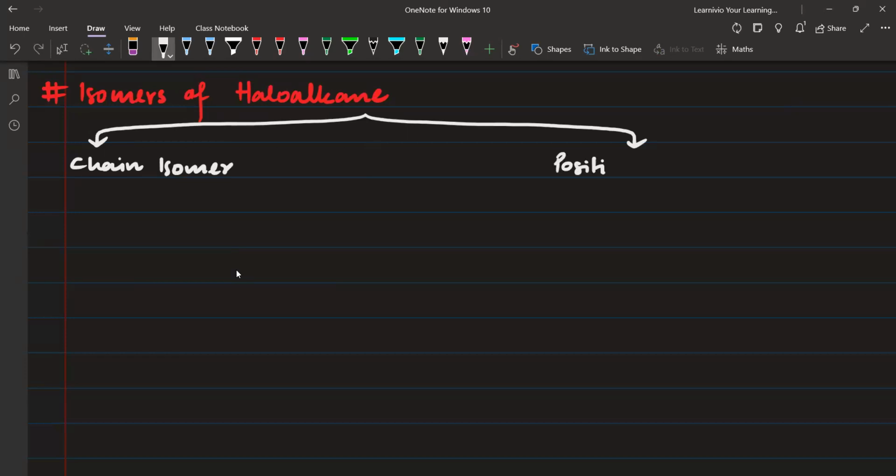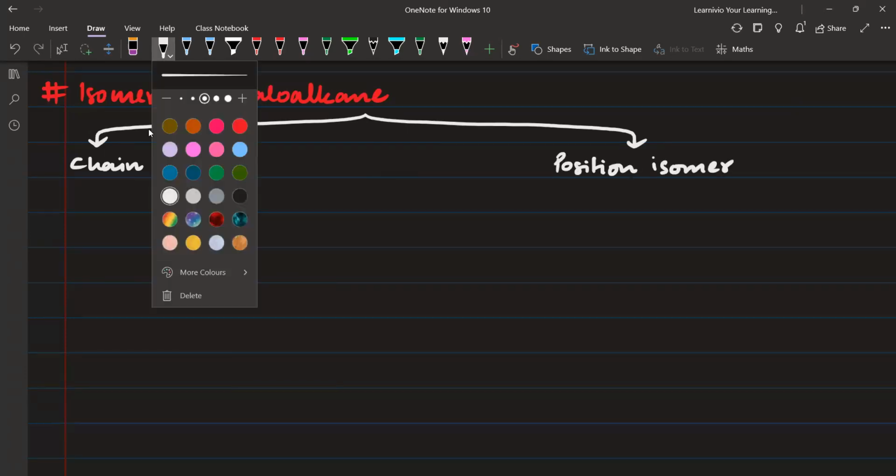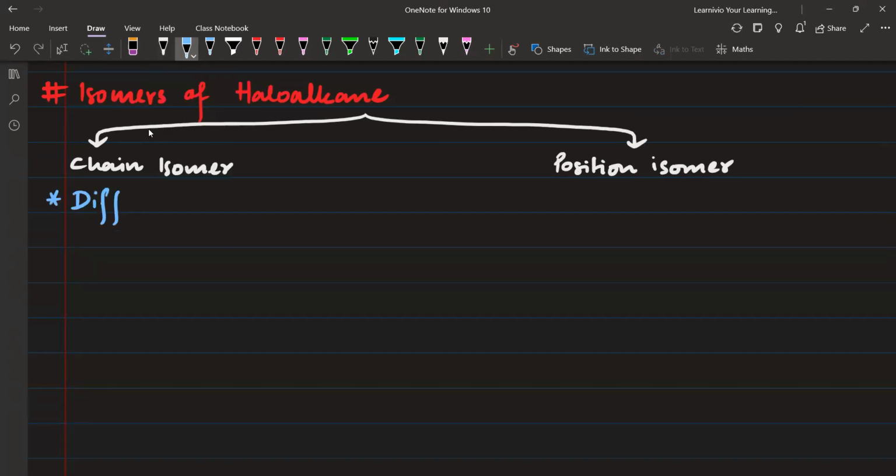By the way, what is an isomer? Compounds with the same molecular formula. They differ in the length of the parent chain.